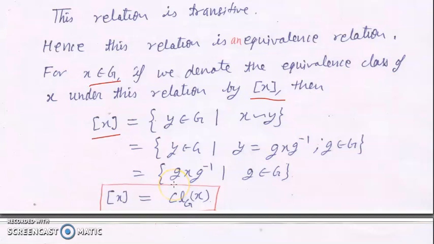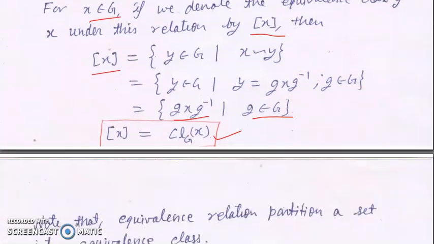So this [X] is equal to gxg inverse such that g belongs to G. But it is the same thing as the conjugacy class of X in G. So it means the equivalence class of X in G is the same as the conjugacy class of X in G with respect to this relation.